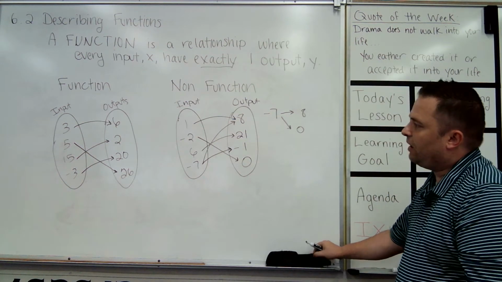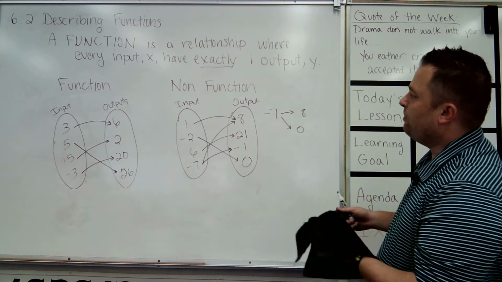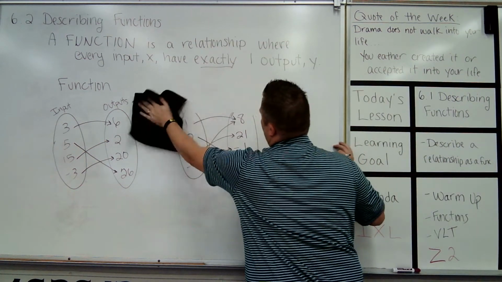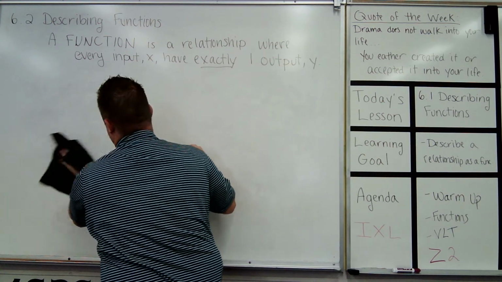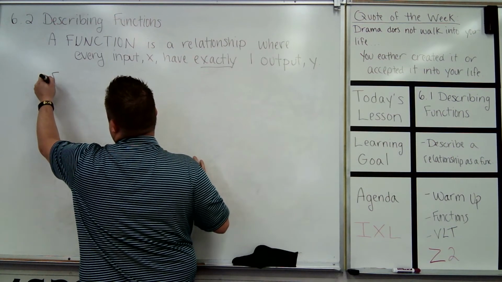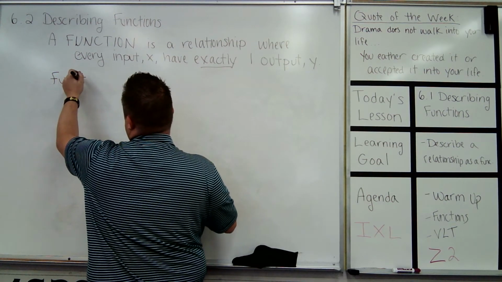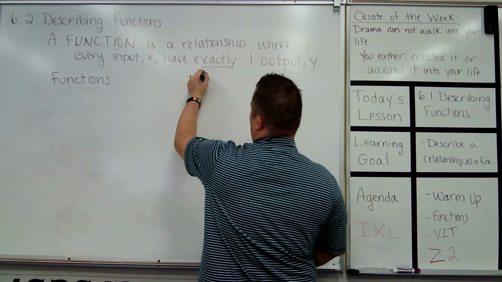Yesterday, we also described these as ordered pairs and as tables. So let's go back to the tables idea. We have examples of functions and things that are not functions.